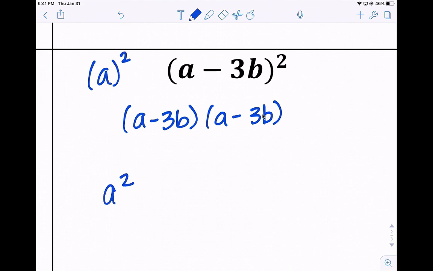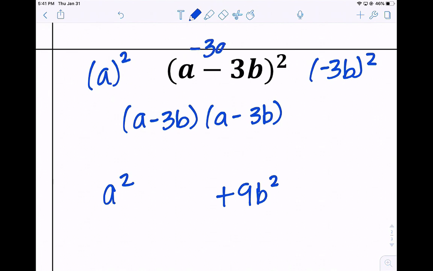Take the last term, negative 3b, and square it. So that gives us positive 9b squared. And then to get the middle piece, again, we multiply these, and then we double it. So a times negative 3b is negative 3ab. We double that, we get negative 6ab.